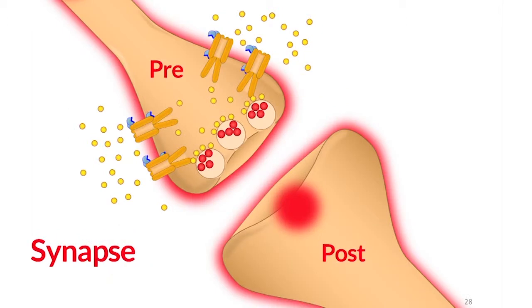Inflow from primary afferents, from nociceptors, reaching into the spinal cord, release transmitters which then act on postsynaptic neurons in the spinal cord to change their function. And this is the site of action of central sensitization.